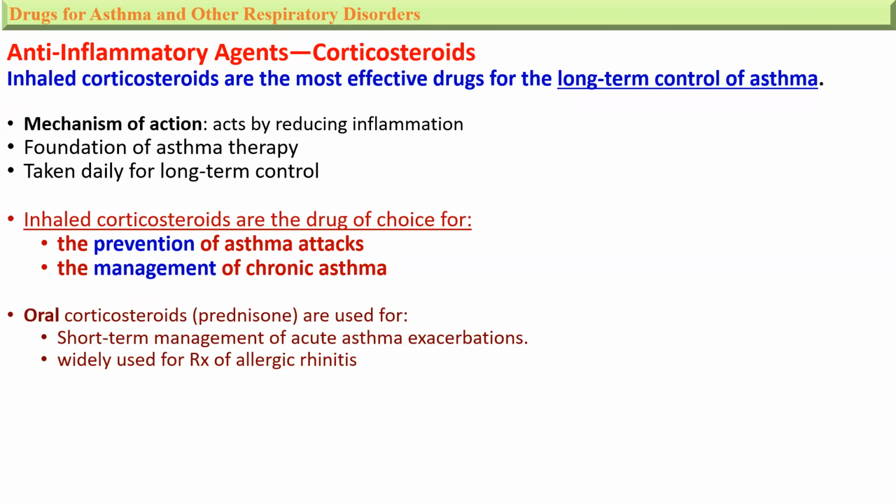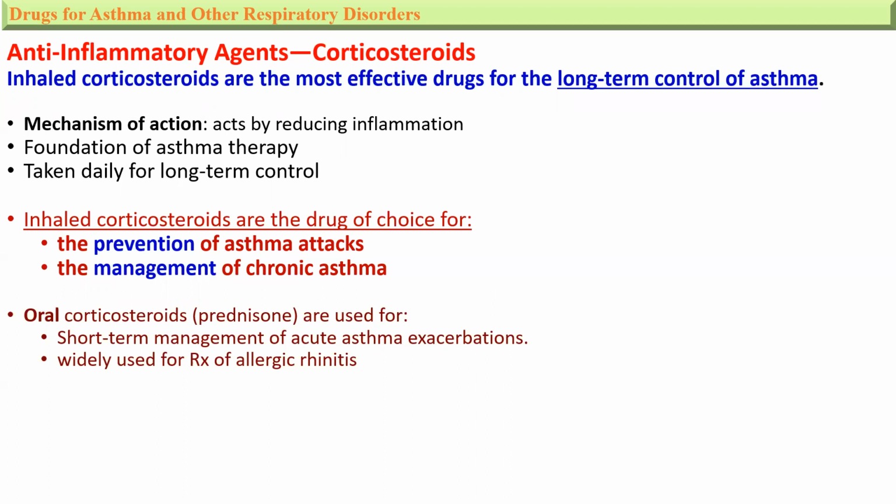So the nursing actions or responsibilities while taking care of a patient on theophylline are that we have to monitor the plasma levels of theophylline.